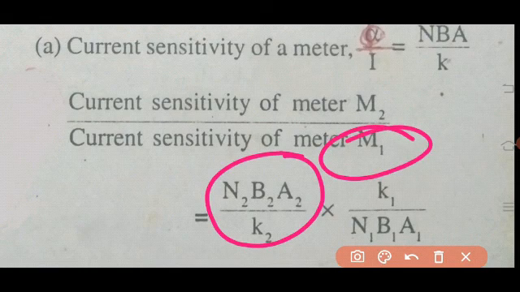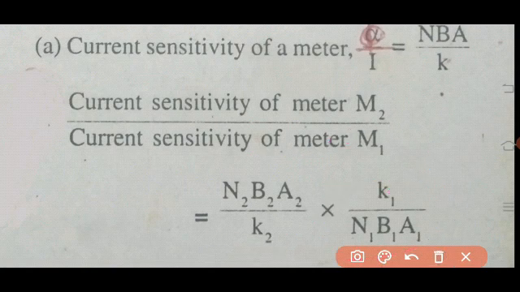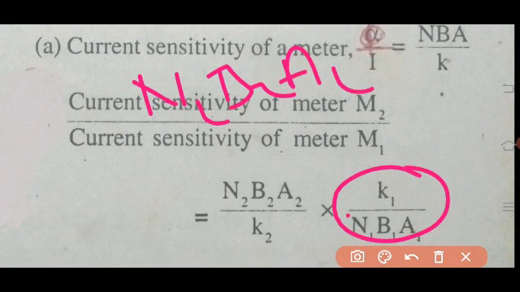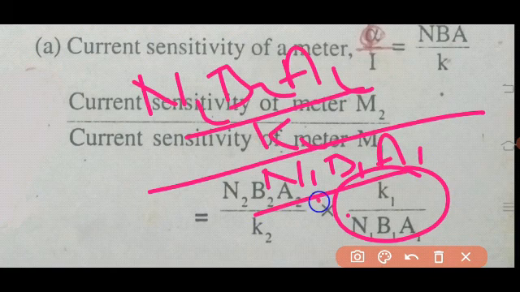the equation for meter 1. When you divide, you will get the reciprocal of this term, that is N1 B1 A1 upon K1. So when you take the reciprocal, you will get K1 by N1 B1 A1. So the first one is N2 B2 A2 by K2, all divided by N1 B1 A1 by K1.